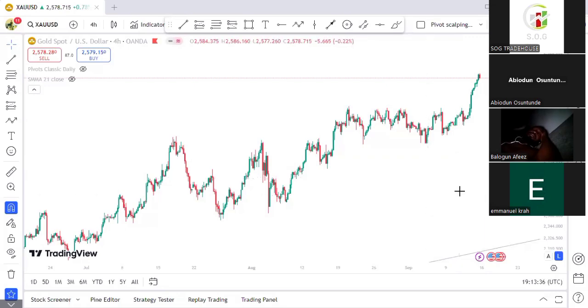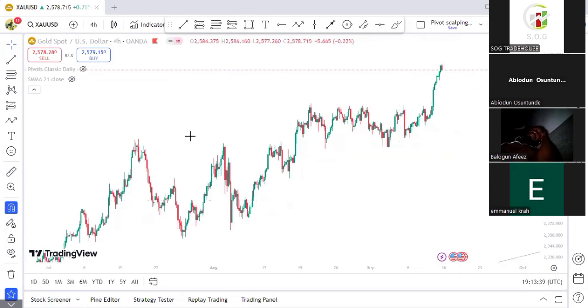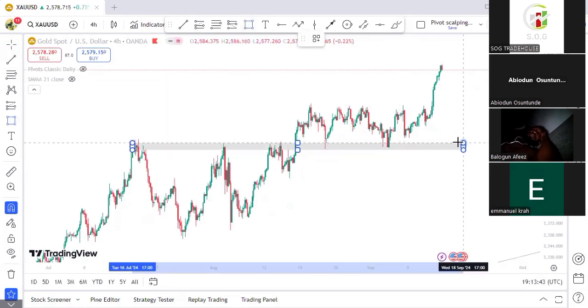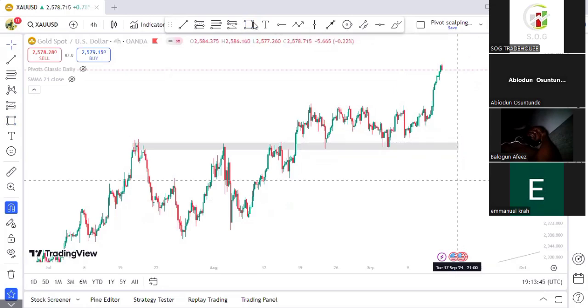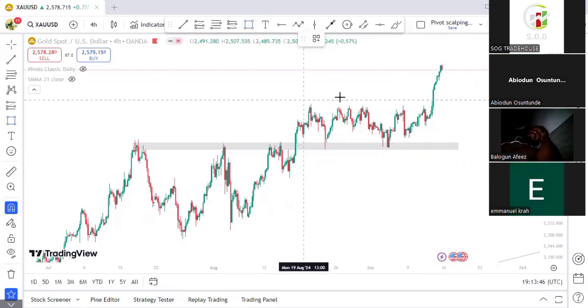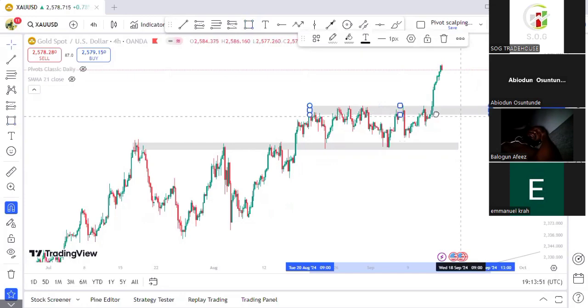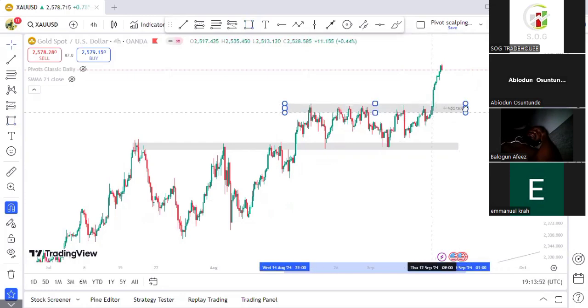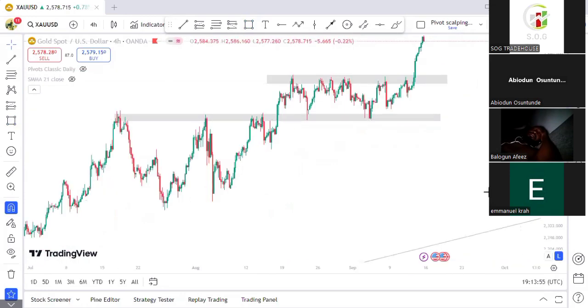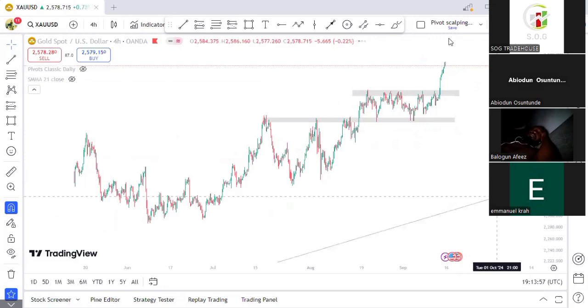So on the 4-hour time frame, you can see gold is respecting this level of support over here. If you've been trading gold for some time, you notice gold moves in zones. So this trend line, I think we should delete it because I like to keep my charts clean.